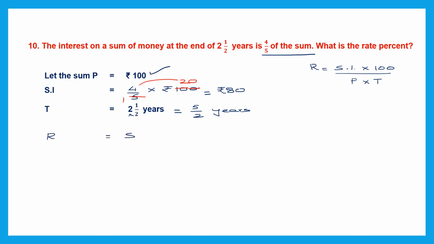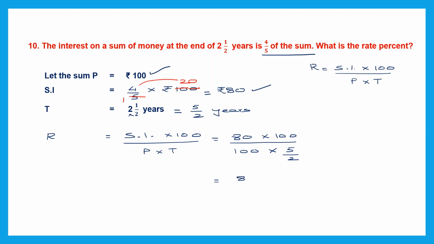Rate is simple interest into 100 divided by principal into time. Now, simple interest we found out to be 80 rupees. So that's 80 into 100 divided by principal, and principal we consider it as 100 rupees, into time is 5 by 2 years. So if I write 5 by 2 like this, remember there's a fraction, so I can convert it. I'll do it here and show you. So this is 80 into 100. In 5 by 2, the 2 comes on top and 5 remains down. So this is 100 into 5.